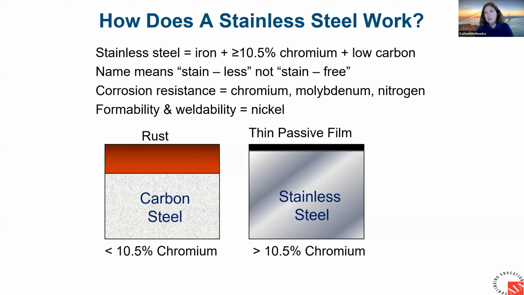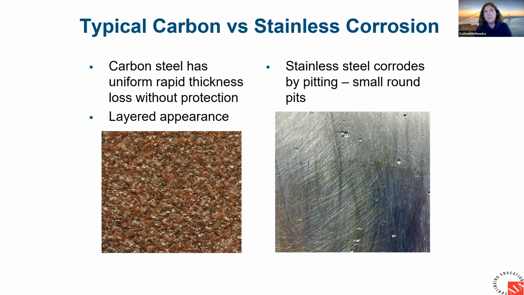With stainless steel, the chromium allows formation of a thin passive film. And unless the environment is too severe for that passive film, you don't see corrosion. And then when stainless steel does start to corrode, we see pitting.